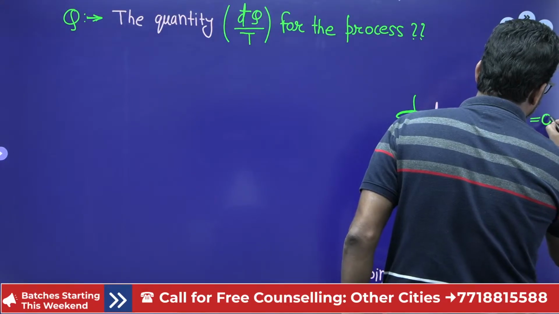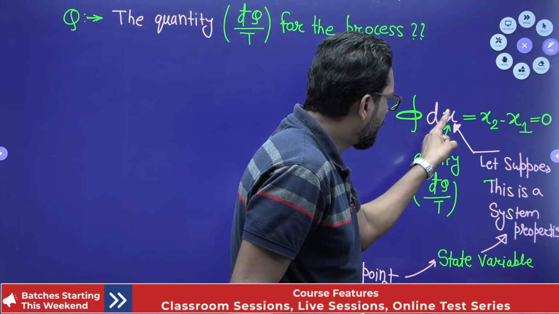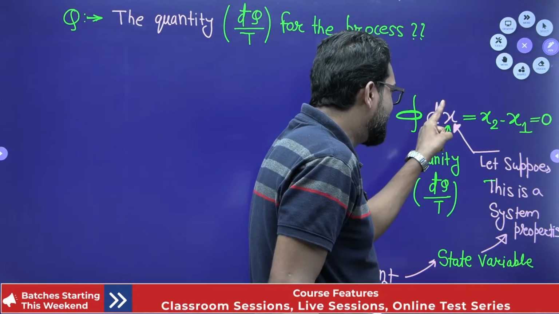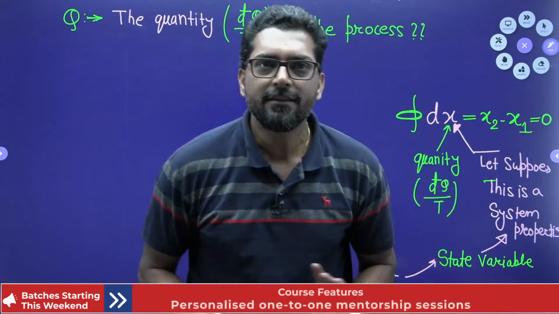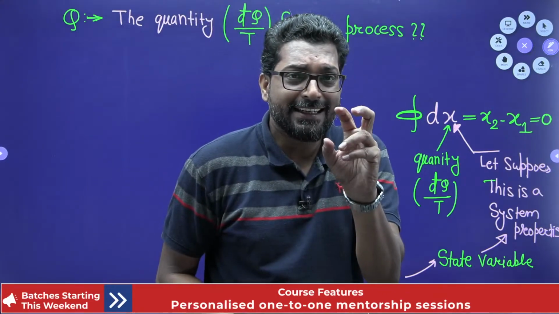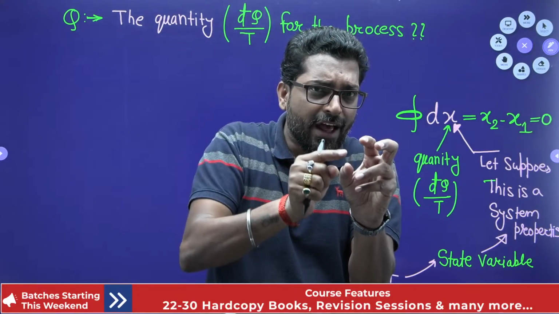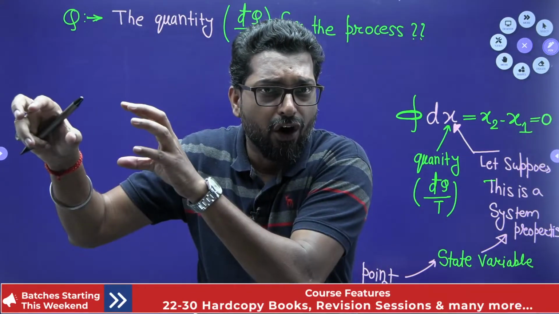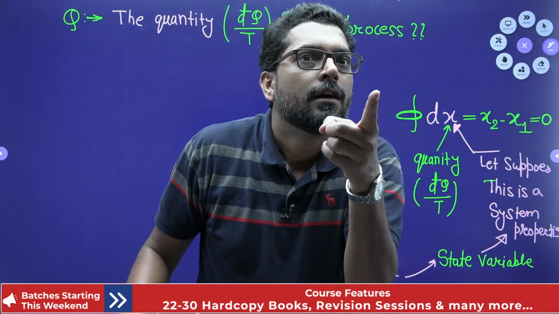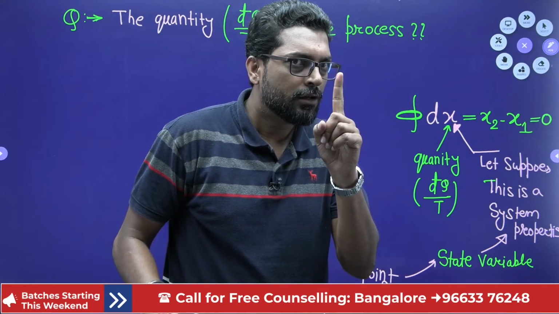Very important. If the cyclic integration of a quantity is 0, that means that quantity is a property. If a quantity whose change in a cyclic manner is 0, then that quantity is a property. Is it right or not?